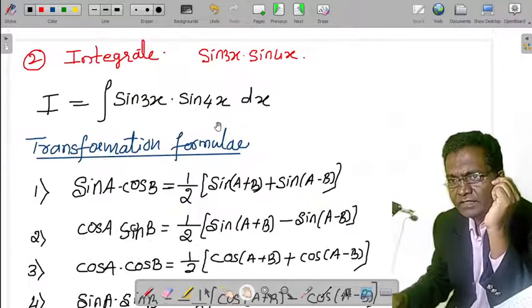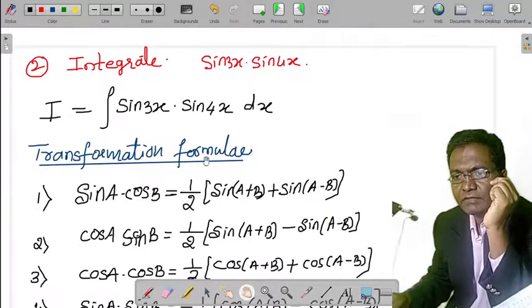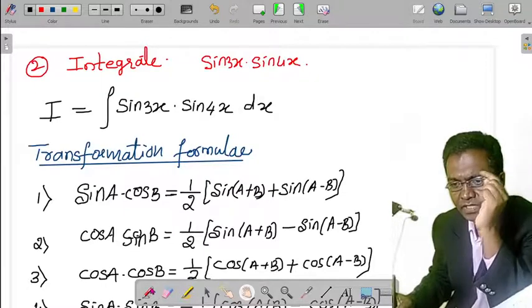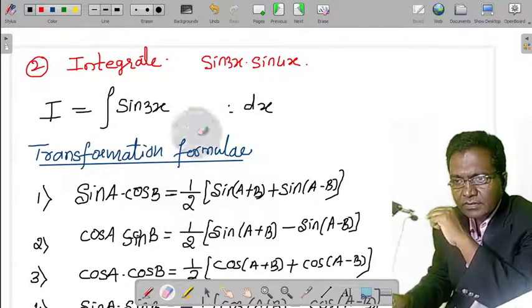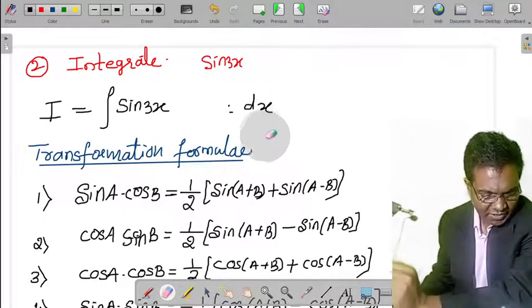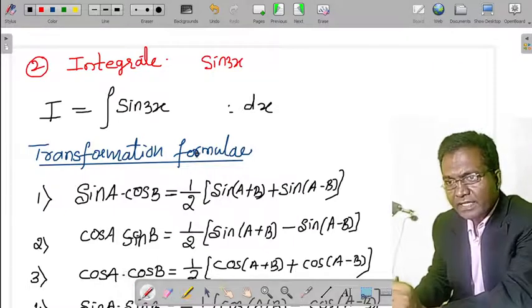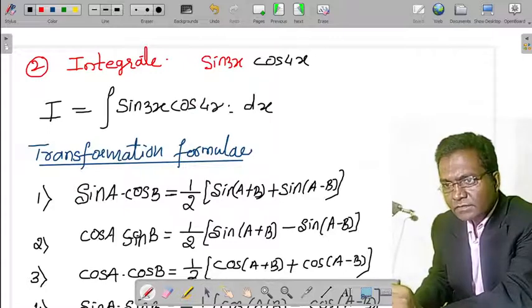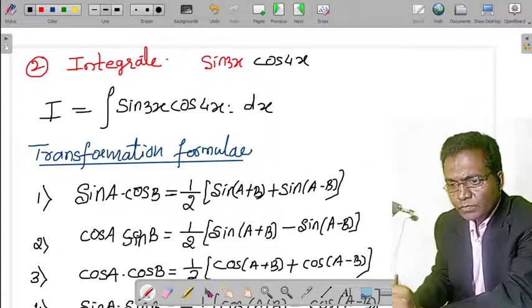Let me make some correction here. This is your textbook example: sine 3x into cos 4x.